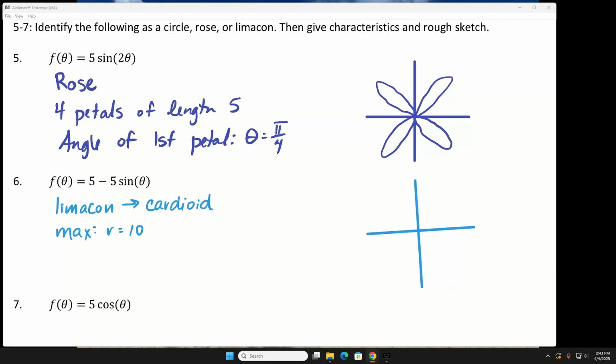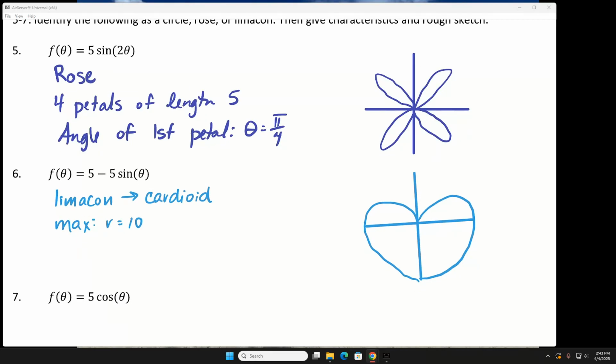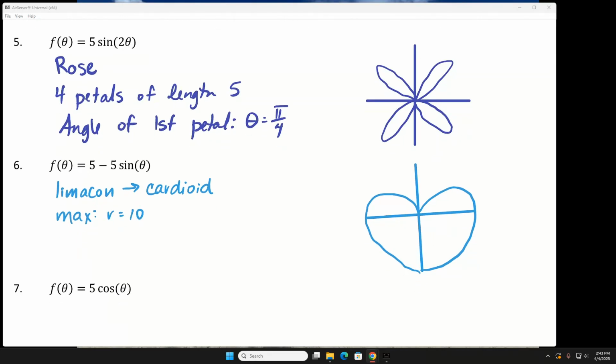And then because it's negative, it's going to be tallest on the negative side of the vertical, so it's going to be something like that. That's a rough sketch, guys. This is going to be 10 down here.